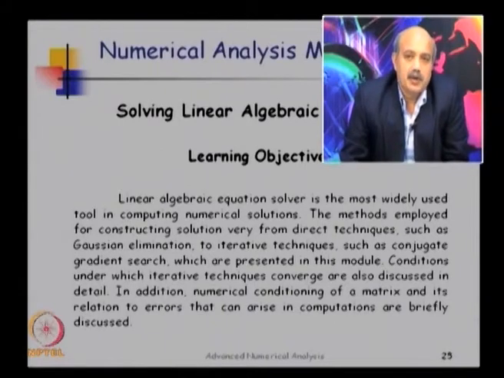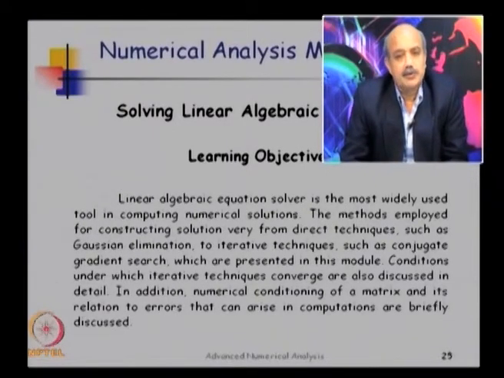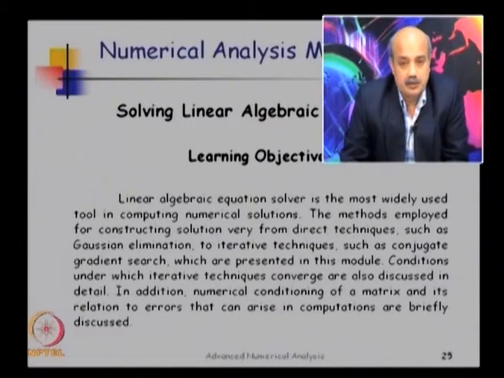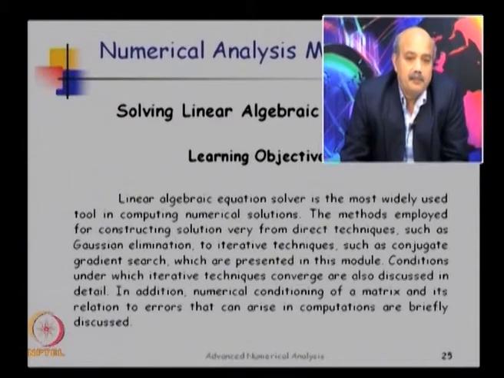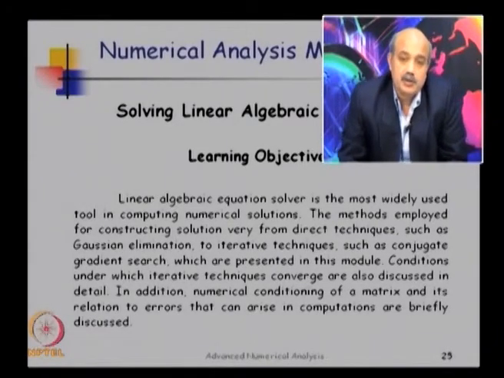Matrix conditioning talks about how well posed or how ill posed a given problem is, a given set of linear equations is, and that gives you insight into the behavior of the numerical solution. It may happen that you have an ill posed problem and then the solution that you compute numerically is not quite reliable.